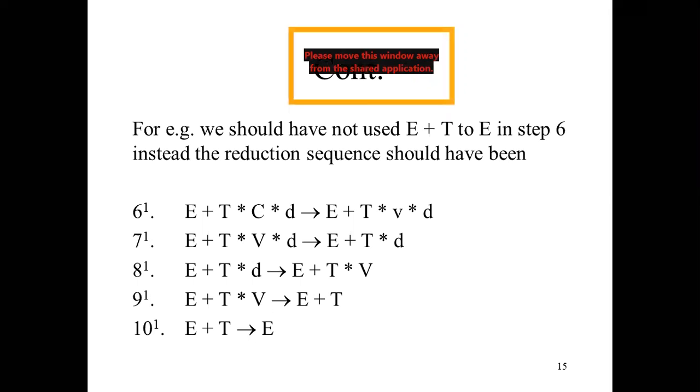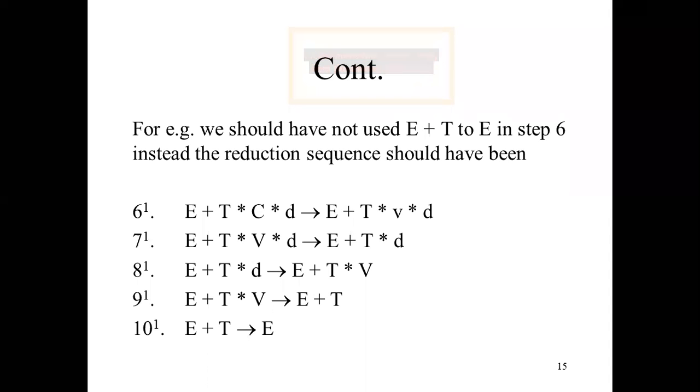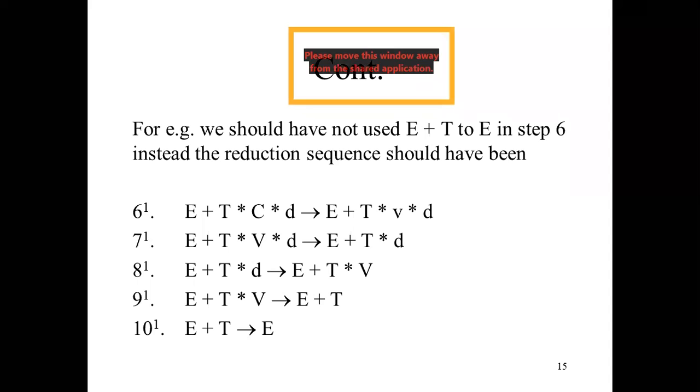Now in the modification steps, in the updated steps, you can see again you are replacing the value of C and then V and so on, but here you are getting the result. In steps 6, 7, 8, 9, 10, in the 10th step you ultimately get the result, capital E. If you proceed as you have done in the preceding case, that is called premature reduction, but this is the correct, proper reduction.